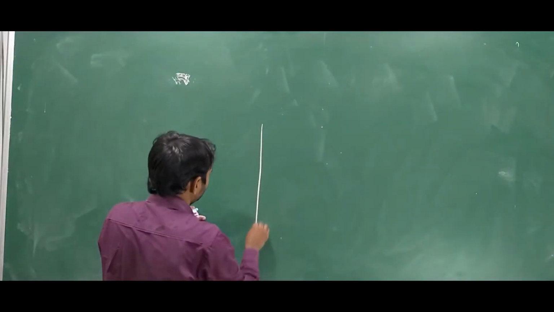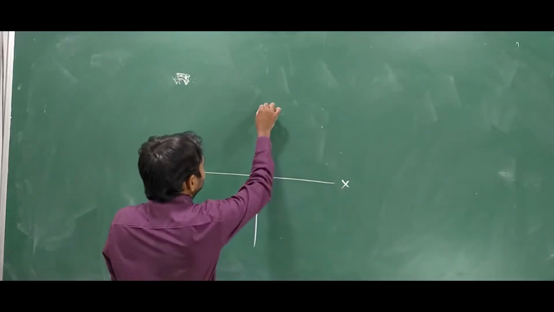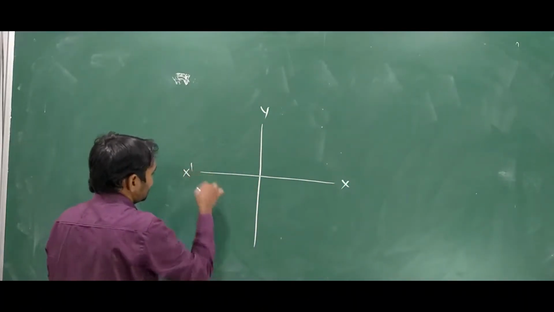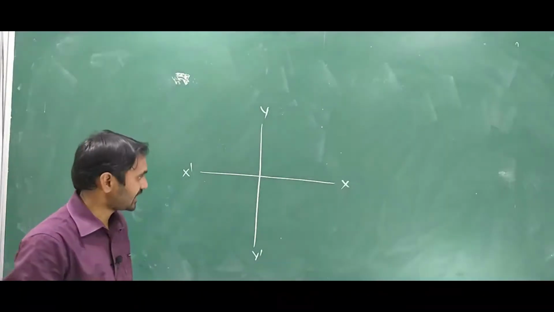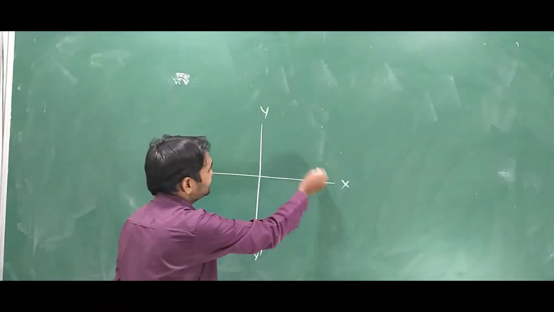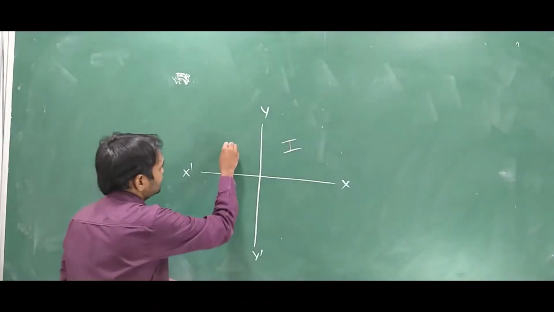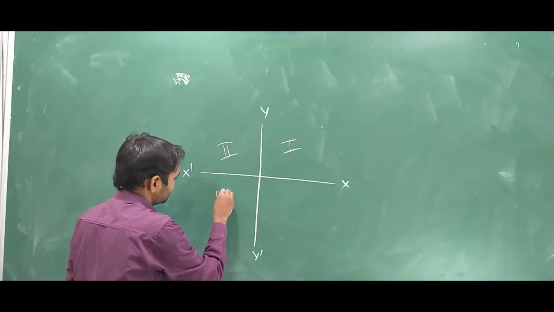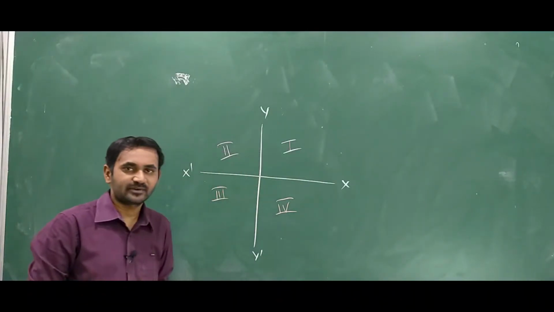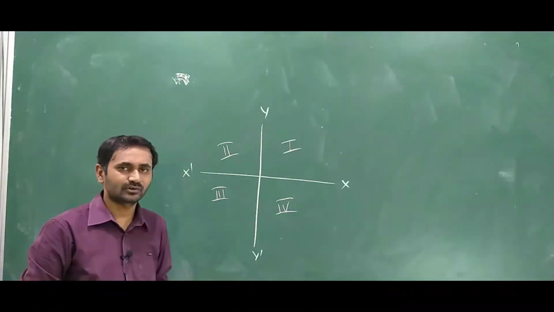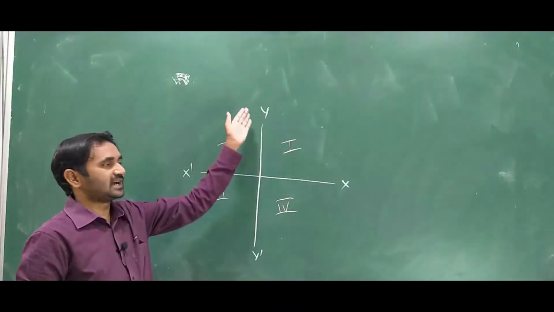So I am taking the coordinate axes x, y, x dash, y dash. Now this is the first quadrant, this is the second, this is the third, and this is the fourth quadrant. You have to use this condition to solve the polygonal law of forces, because you have to resolve the forces along x as well as y.